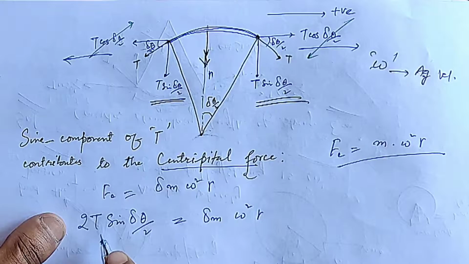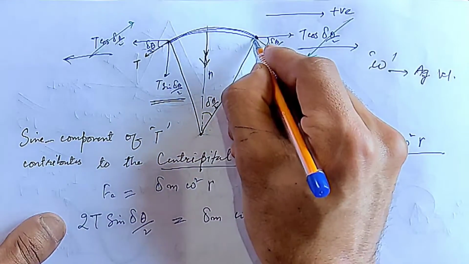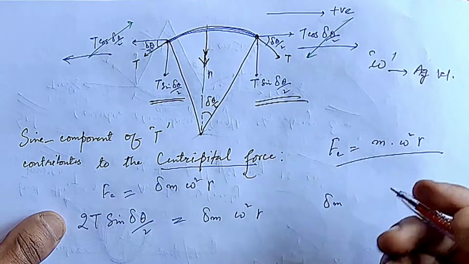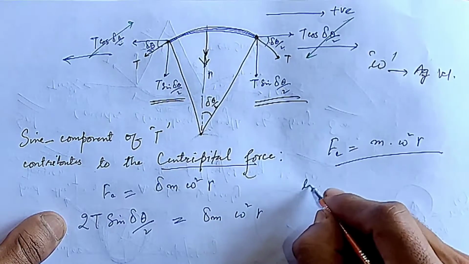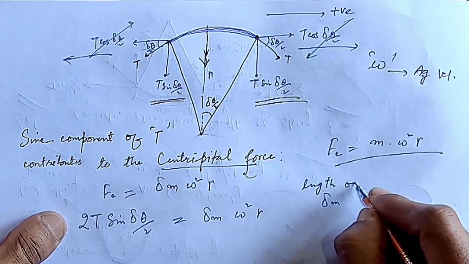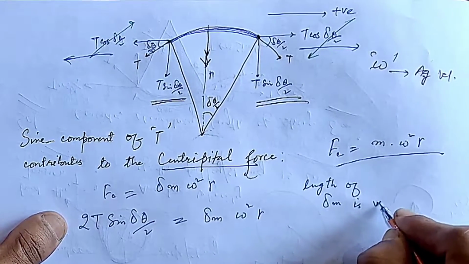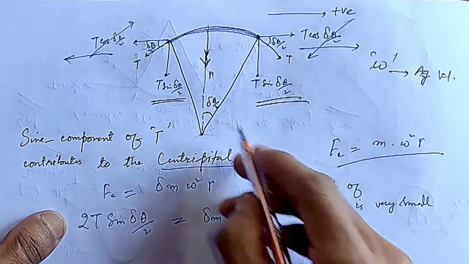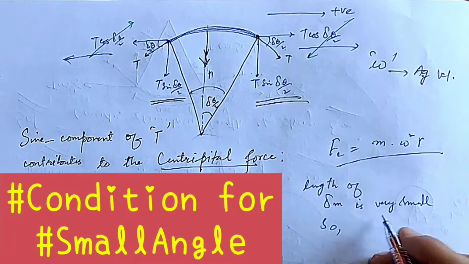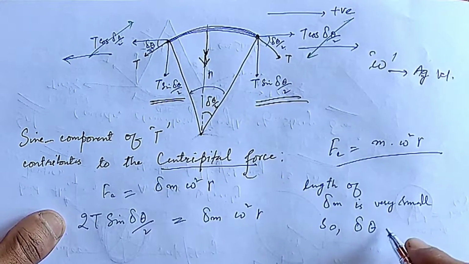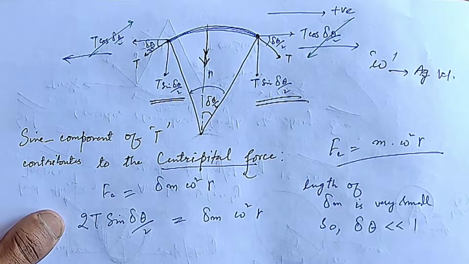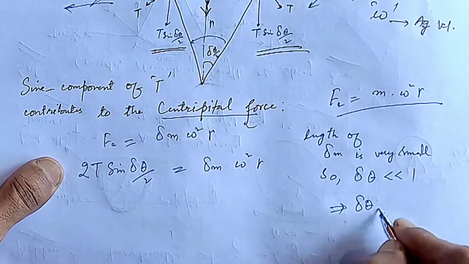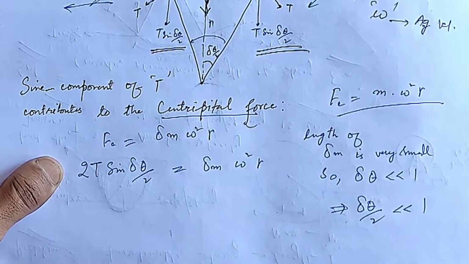Since the length of delta m is very small, delta theta will be very small, much smaller than 1, which in turn means that delta theta by 2 will be very small.